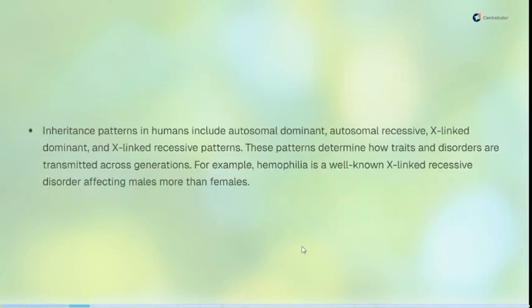Inheritance patterns in humans include autosomal dominant, autosomal recessive, X-linked dominant, and X-linked recessive patterns. These patterns determine how traits and disorders are transmitted across generations. For example, hemophilia is well known as X-linked recessive, and it affects males more than females.